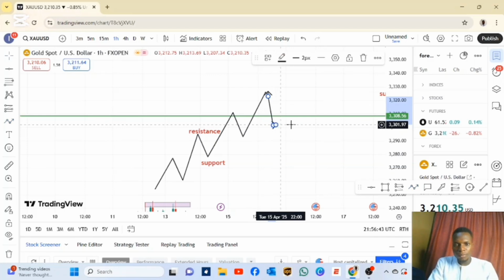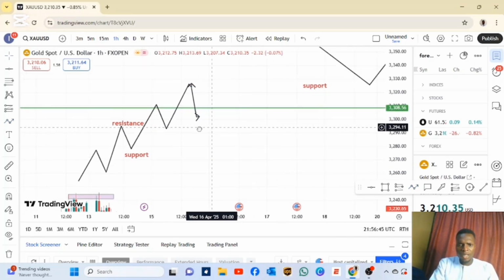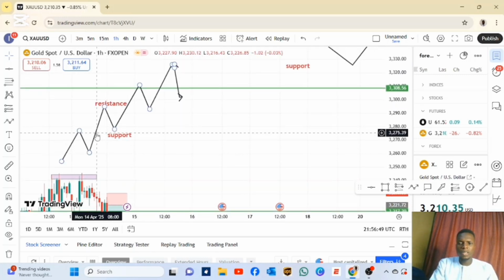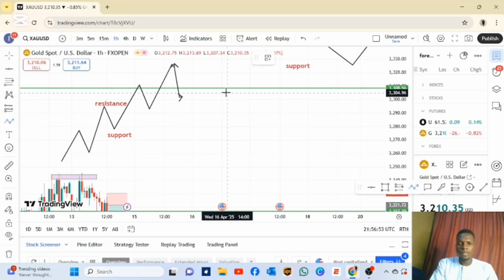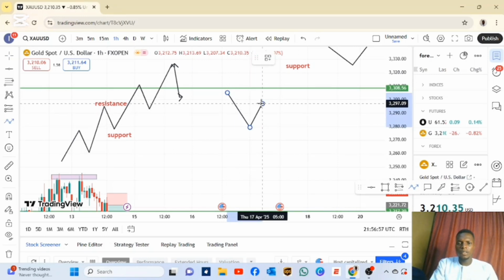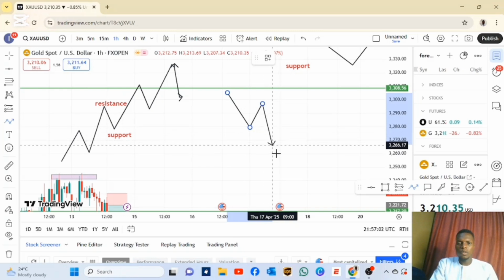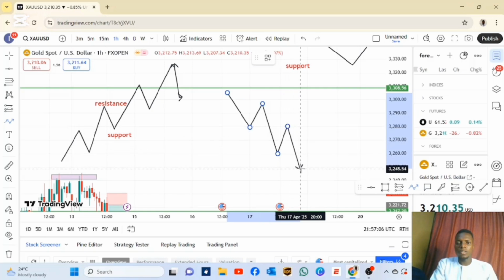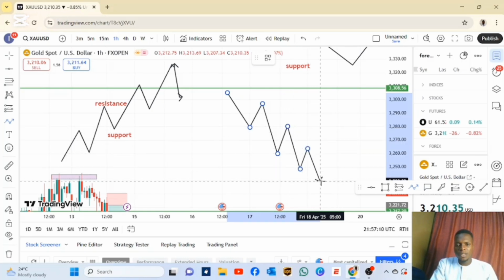So, in a bearish market, we have something like this: lower high, lower low, lower high, lower low, lower high, respectively.